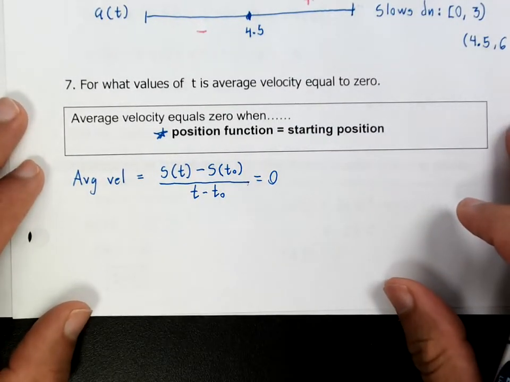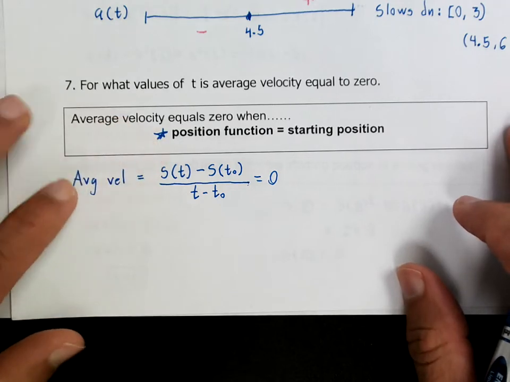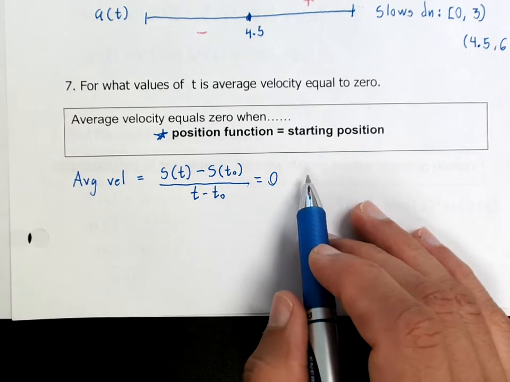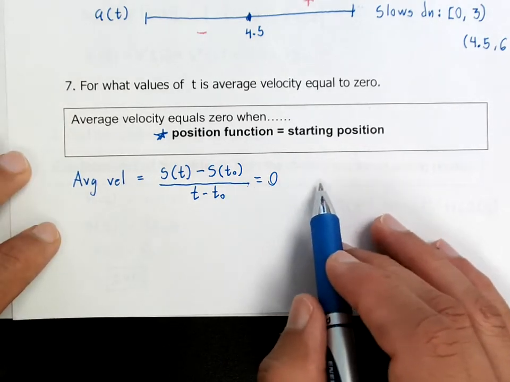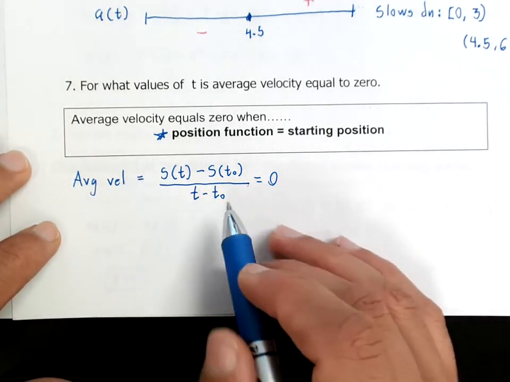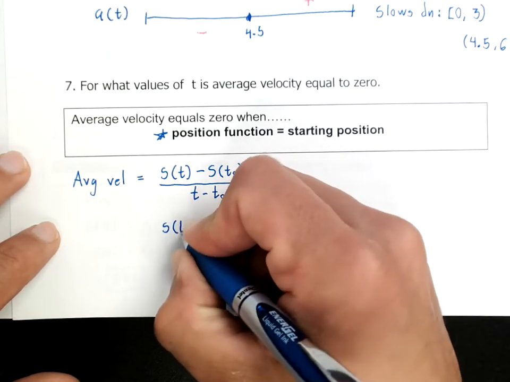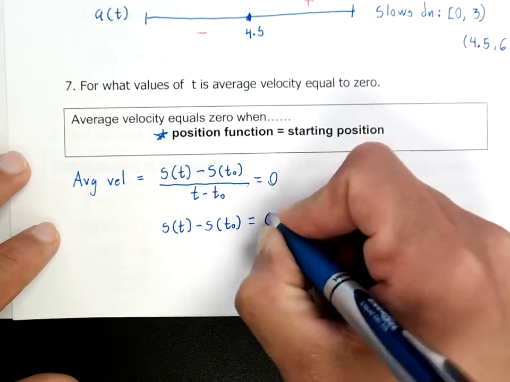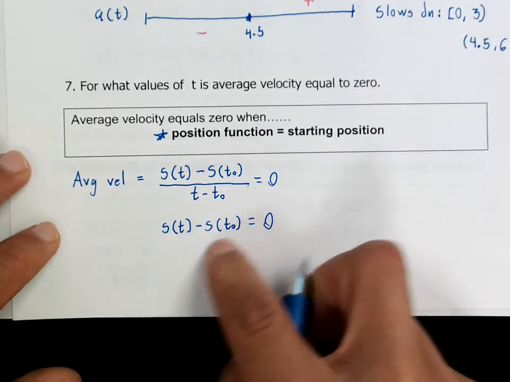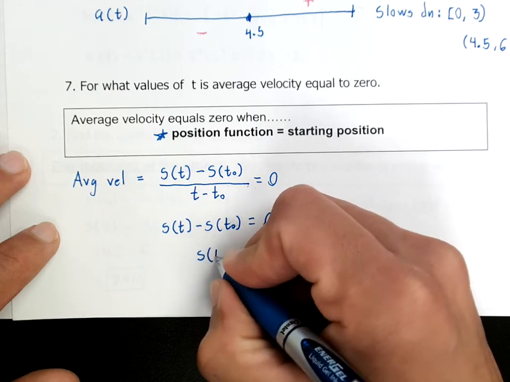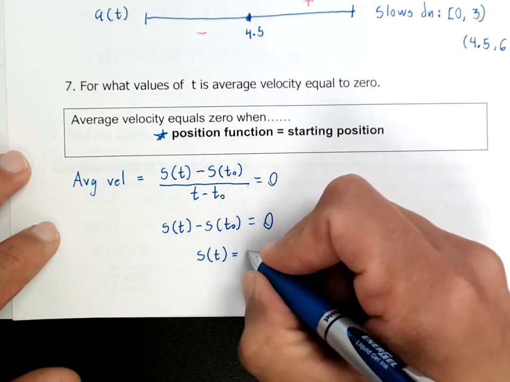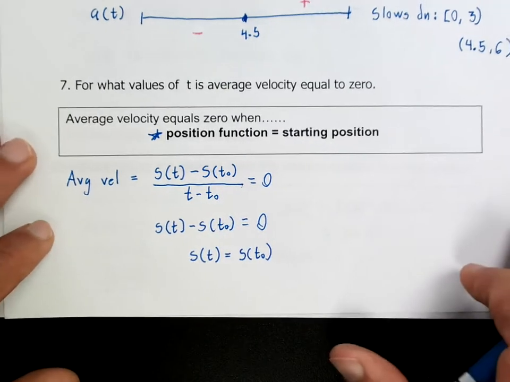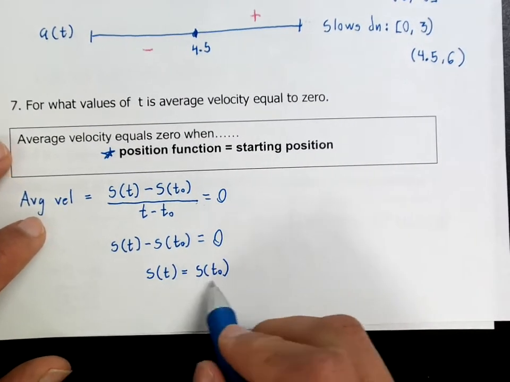If I set that equal to 0, you'll see that that's true. To solve for this, you can either cross multiply, or multiply both sides by t minus t naught, and that would cancel. The point is that you should see how I got here, but if you still don't, just come see me. If I add this to the other side, I have the final position equals the initial position, or as your notes put it, the position function equals the starting function.